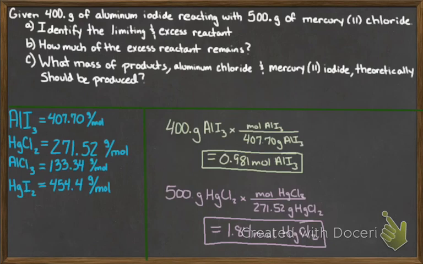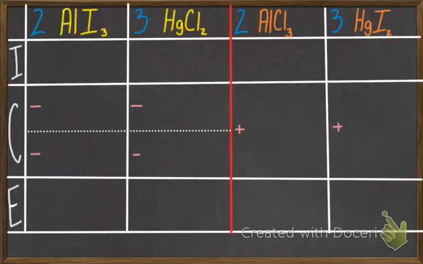Now let's take a look at our ice table. Go ahead, pause the video now, fill in just the first part, and then we'll work the calculations after that for the products and everything else, and determine which one is limiting and in excess.